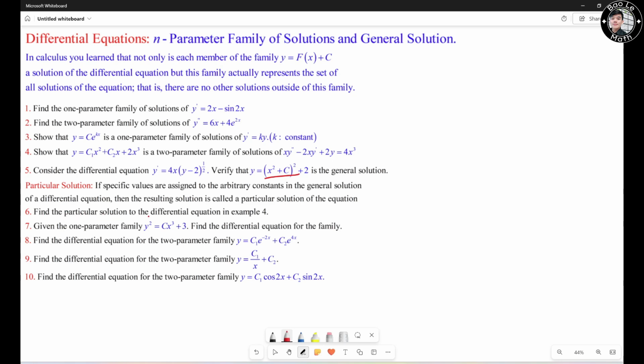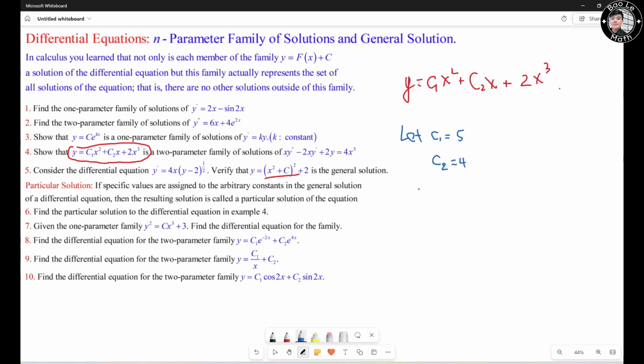Find the particular solution to the differential equation in example number 4. In example number 4, this is a general solution, so I write it over here: c1 s squared plus c2 s plus 2s cubed. You need to find the particular solution to the differential equation. We let c1 be any number, so I let c1 be 5 and c2 be 4.